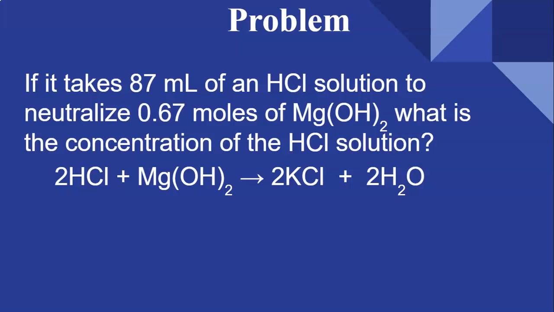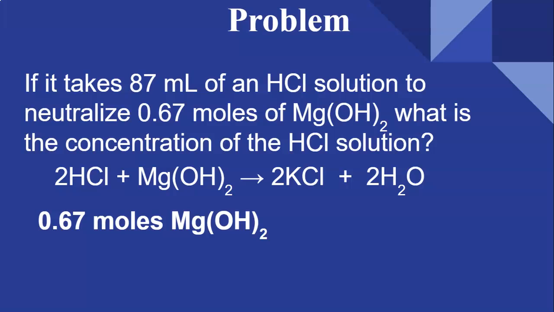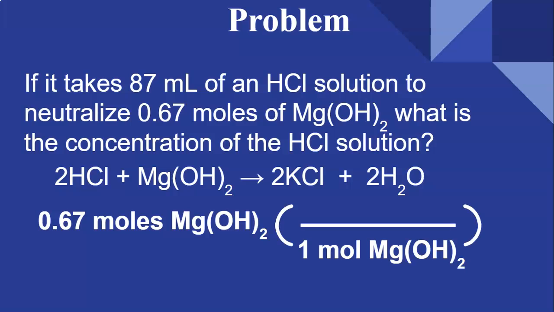We're going to start off the same. I need to solve for the moles first of hydrochloric acid. So I'm going to make my chart. Okay. I'm going to put in my upper left corner 0.67 moles of magnesium hydroxide because that's what's given to me. To get rid of magnesium hydroxide, I'm going to put the moles from the balanced equation.